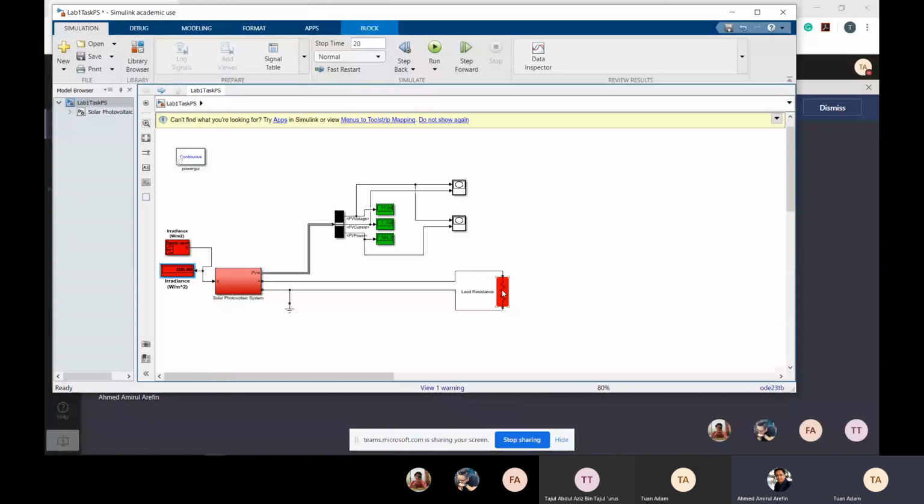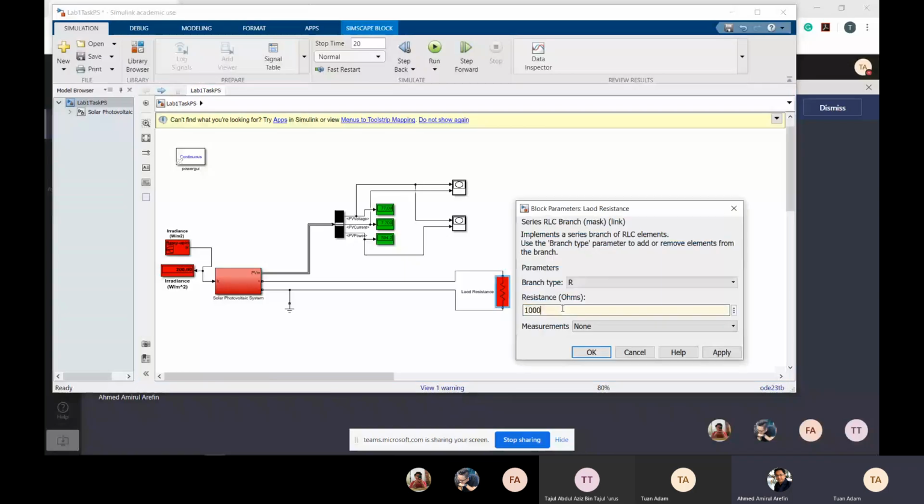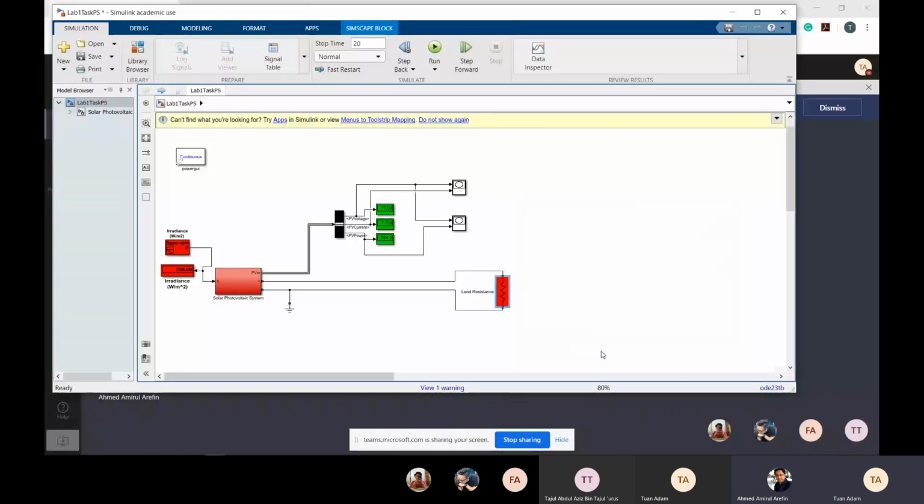For open circuit, we change the resistance to 1000. Why? To minimize the current. Okay, to minimize the current, then it will look like an open circuit.